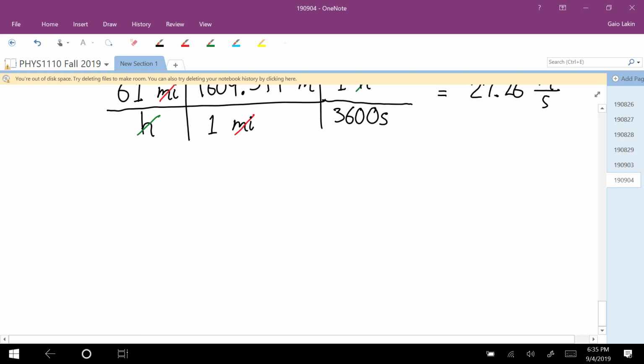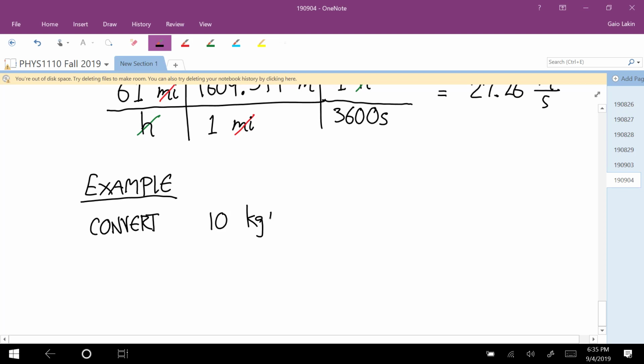So let's say, convert 10, what are we going to do here?